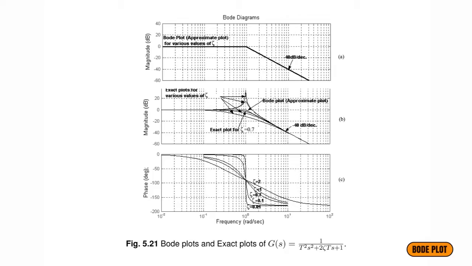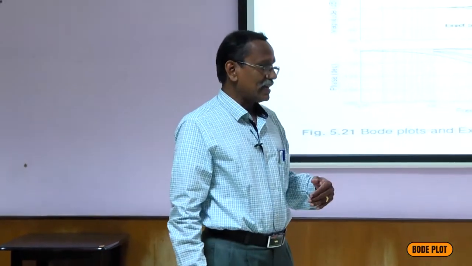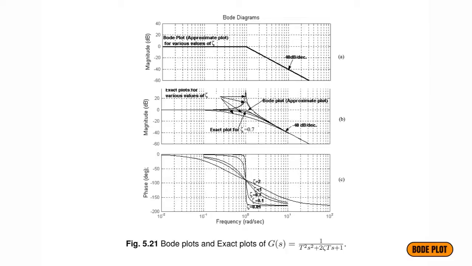If you further increase zeta, the magnitude decreases. At about 0.7, it almost coincides with the approximate plot. If you further increase zeta, its magnitude monotonically decreases.